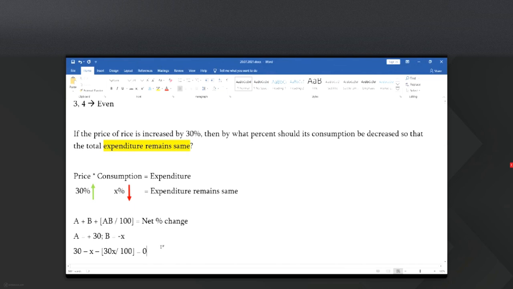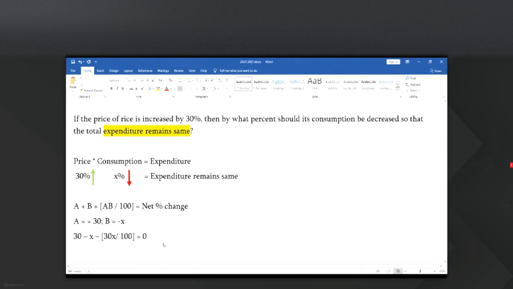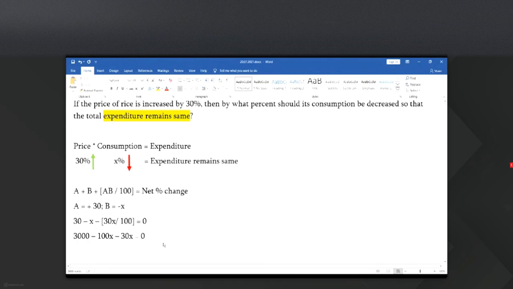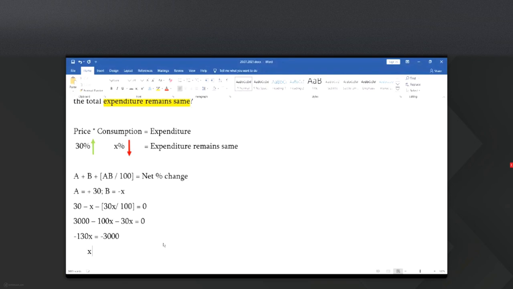All you have to do is solve for X. This gives 3000 minus 100X minus 30X equals 0, so minus 130X equals minus 3000, and X equals 300 by 13, which is about 23.07 percent. So the decrease percentage is 23.07 percent.